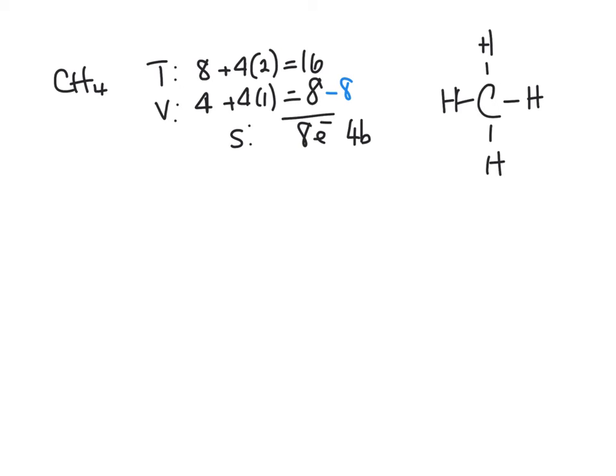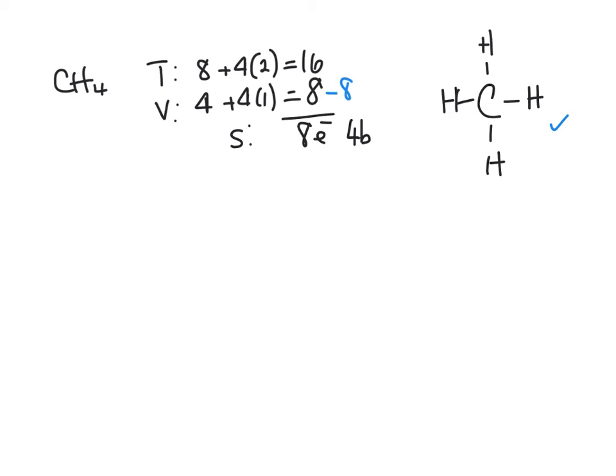We don't have any left over. Let's double check our structure. 2, 4, 6, 8. 8 total used. Each hydrogen is surrounded by 2, and carbon is surrounded by 4 bonds containing 2 each, for a total of 8. So that structure is correct.